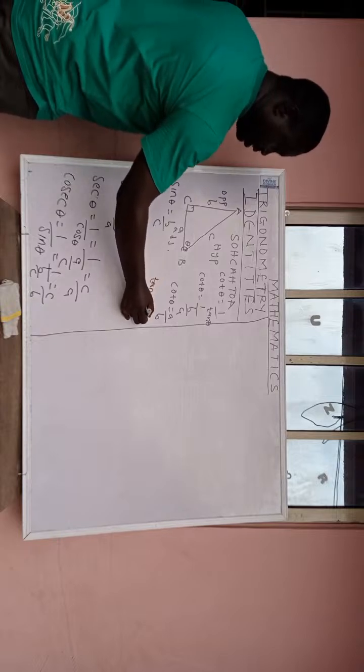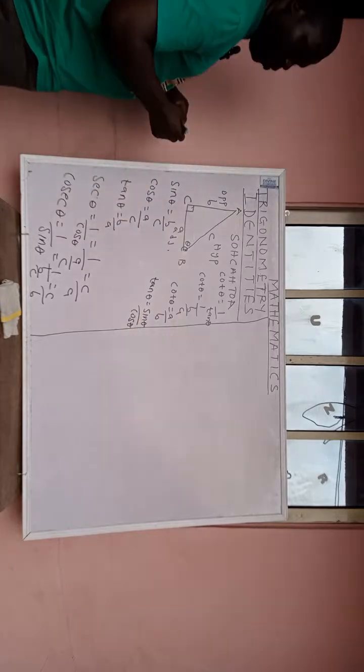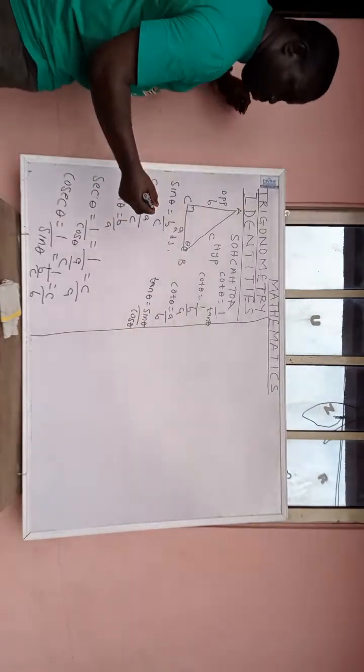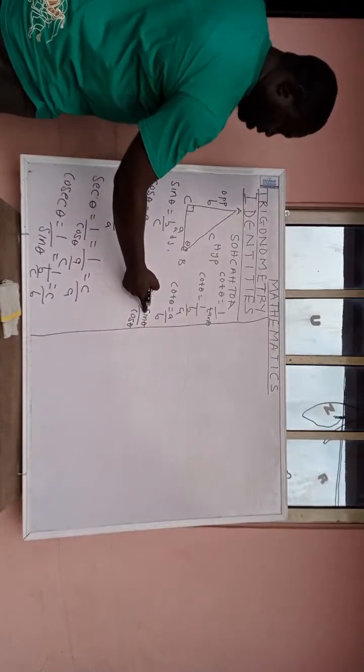Now it's important to know that our tan theta is equal to sin theta over cos theta. It's very important. If you want me to prove it to you, let me prove it in a simple way. What is sin theta?